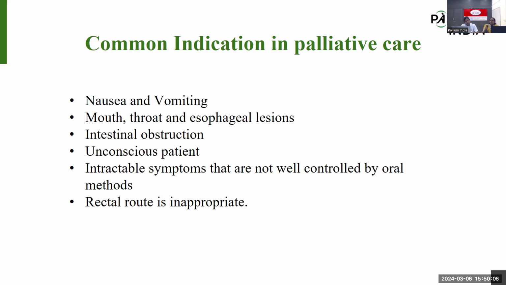At that time we can choose the rectal route, but the rectal route also takes more time than subcutaneous. So we usually choose intravenous, but in this situation, if you try to get an IV line, you may not get it. If you try to get an intravenous route, you need to give multiple pricks. That can be avoided if you choose the subcutaneous route. So we can prevent multiple pricks.